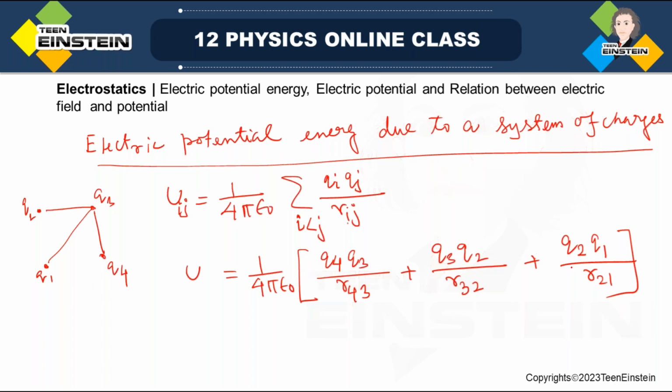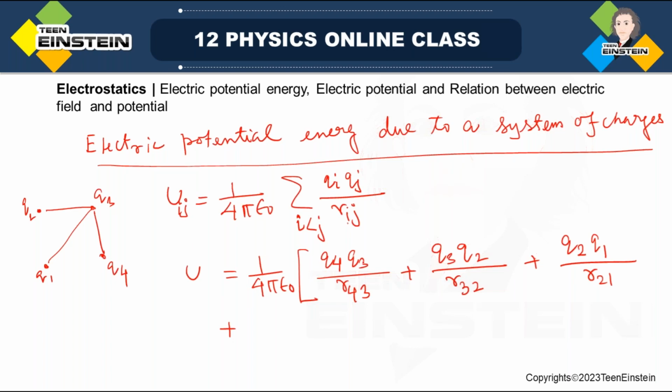Potential energy, I'm sorry, let me just complete it. Plus, so if I write, I would have, let me go with other terms.